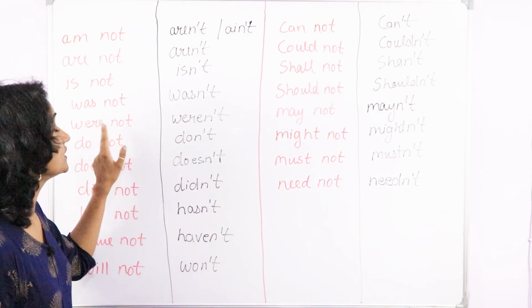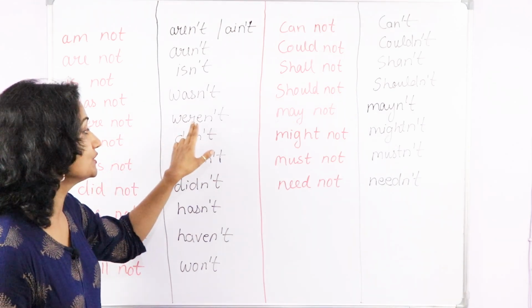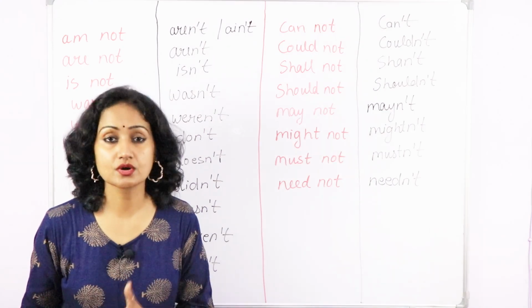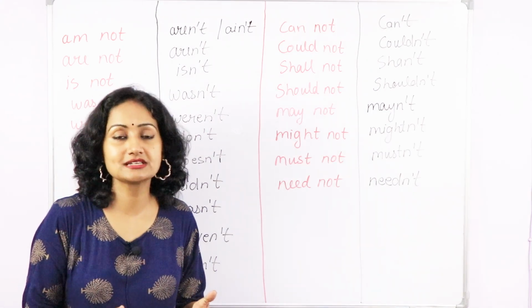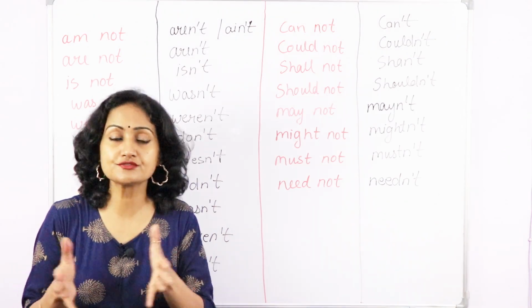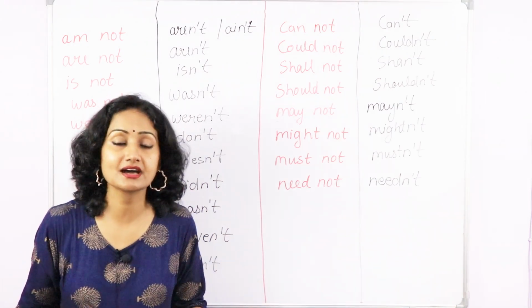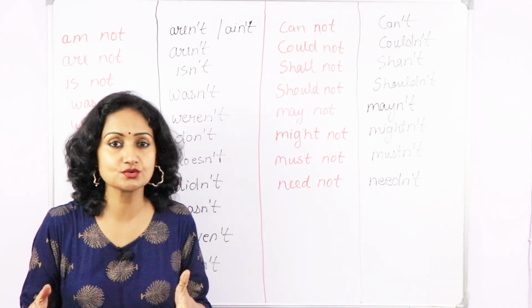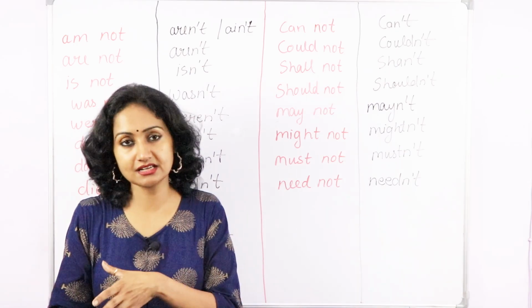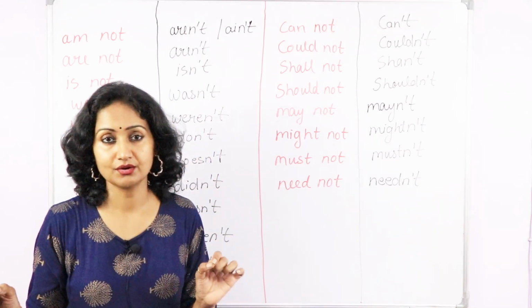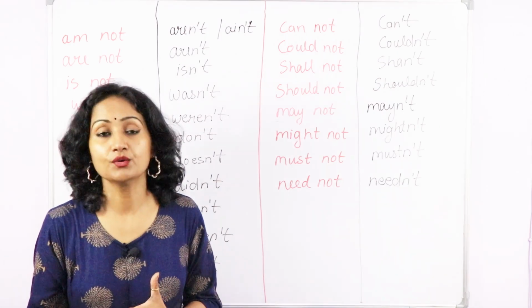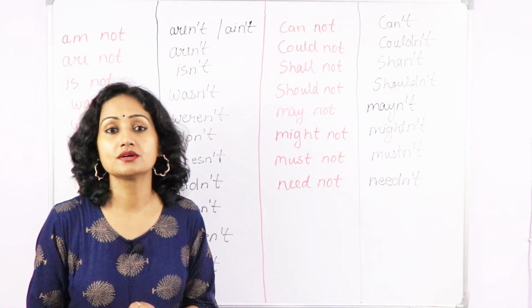Next is were not, it's weren't, W-E-R-E-N apostrophe T. In British English and American English it is pronounced differently. I have already said many times in my pronunciation videos that the difference between British English and American English is the R. Generally in American accent they roll their R, like daughter or weren't.